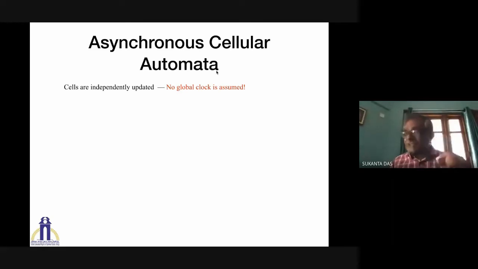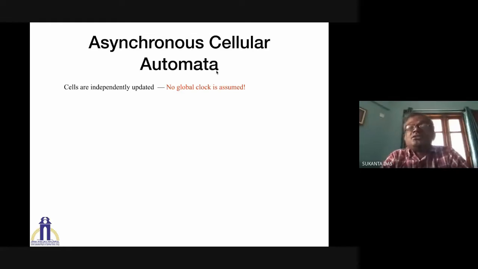At this stage, I can give some intuitive reasoning. What is its need? Cellular automata, from when it was developed, was used to model physical systems, natural systems. And as I have said, cellular automata was invented to model self-reproduction, a very natural phenomenon. So cellular automata always targeted to model natural systems.